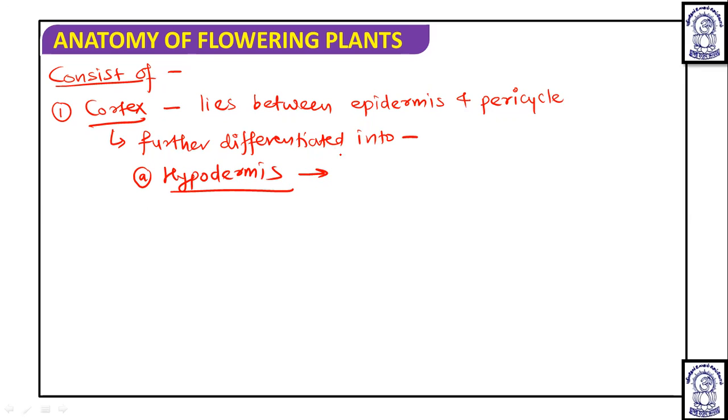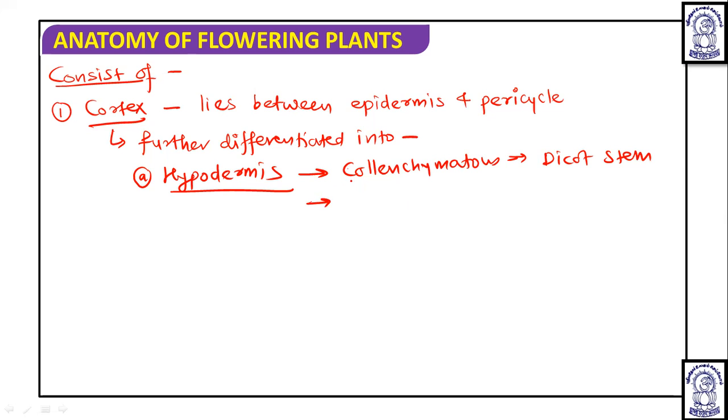This hypodermis is collenchymatous, or made up of collenchyma cells, in the dicot stem.